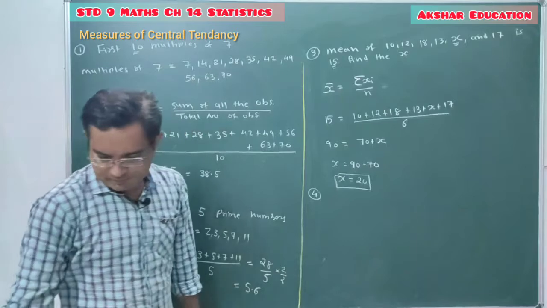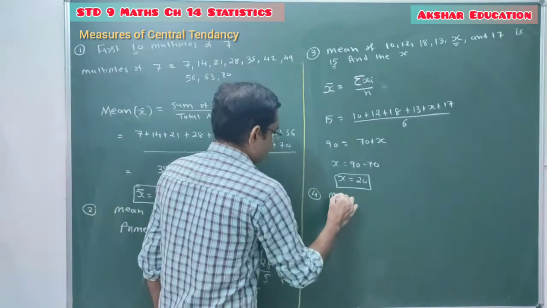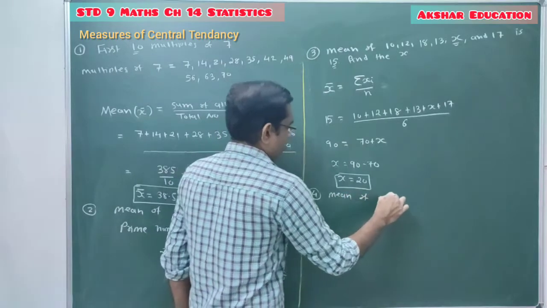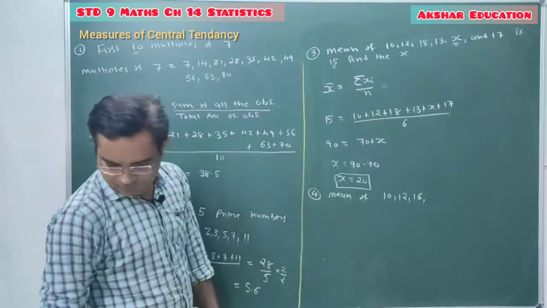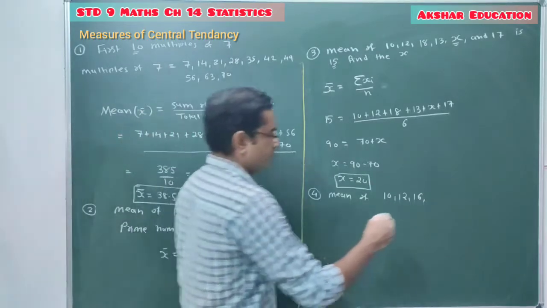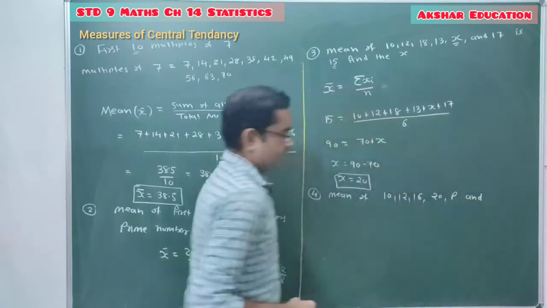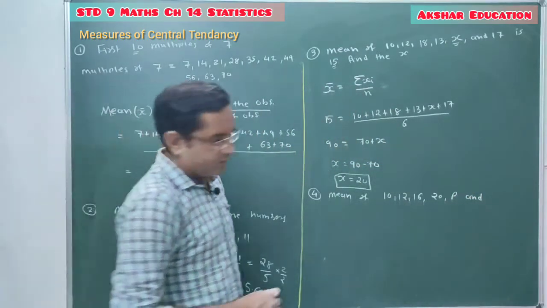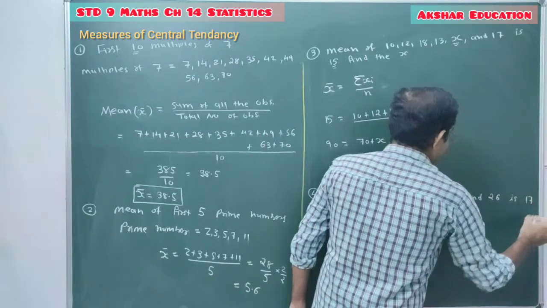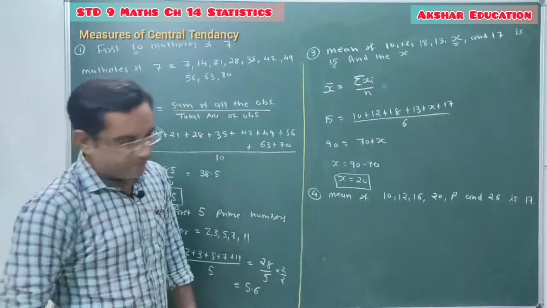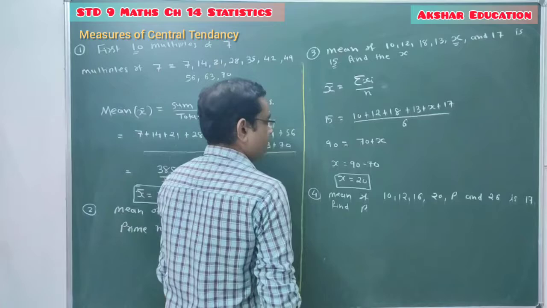So here we are given that the mean of 10, 12, 16, 20, p and 26 is 17. Mean is 17. Find the value of p.